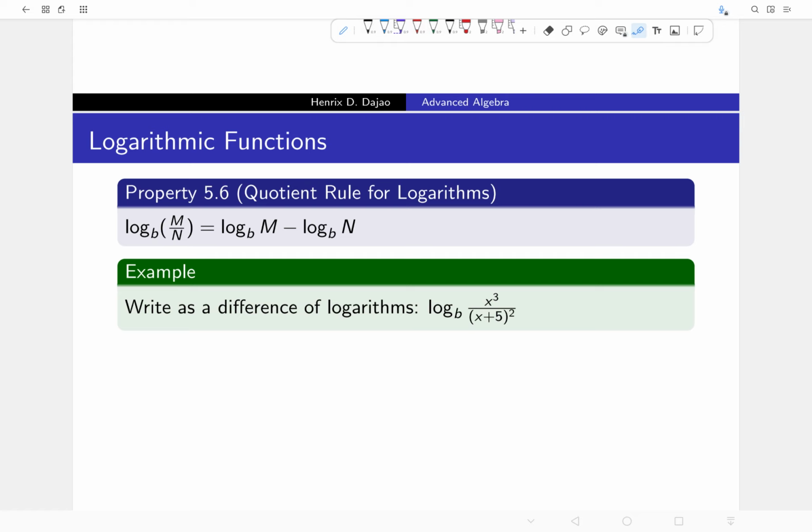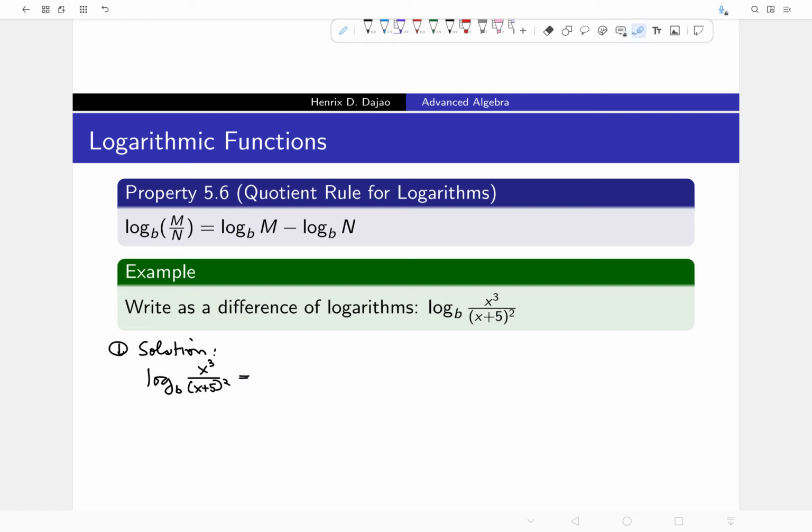For example, we have this one. We are going to write it as a difference of logarithms. So we have the logarithm with base b of x cubed over the quantity x plus 5 squared.